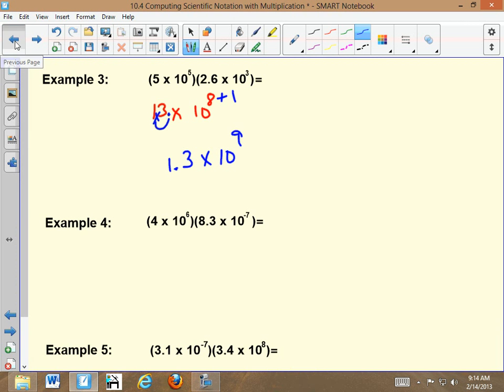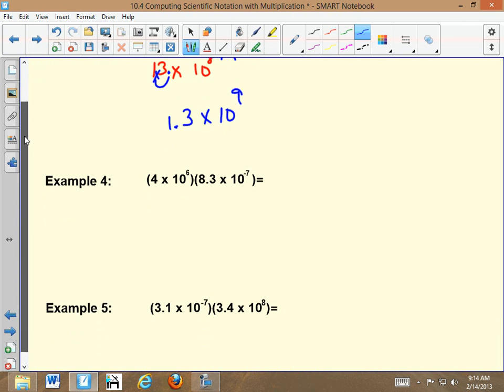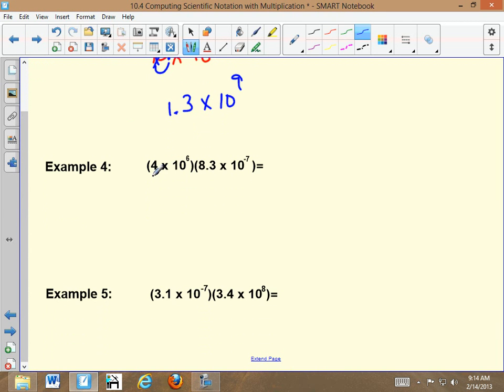Number 4. Okay. So I'm going to multiply the numbers in front of the X. So, what is 8 times 4.3? What? 34.